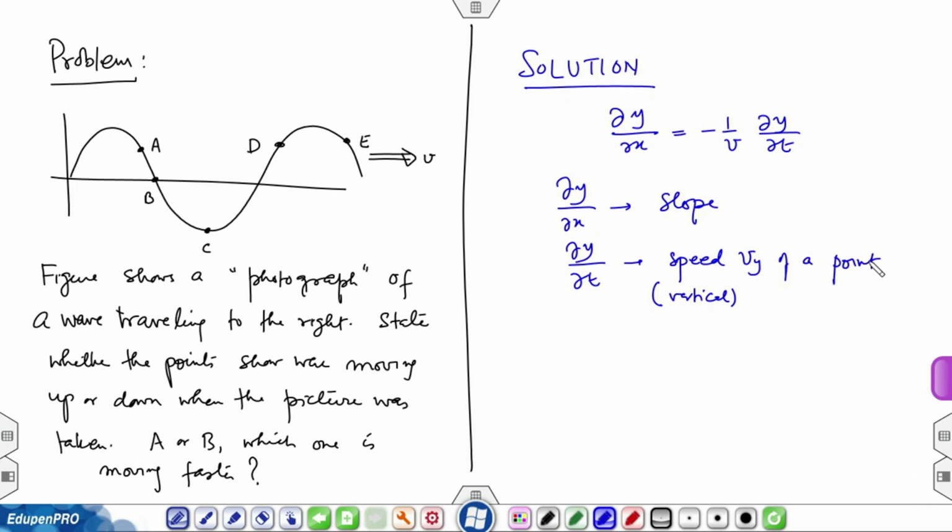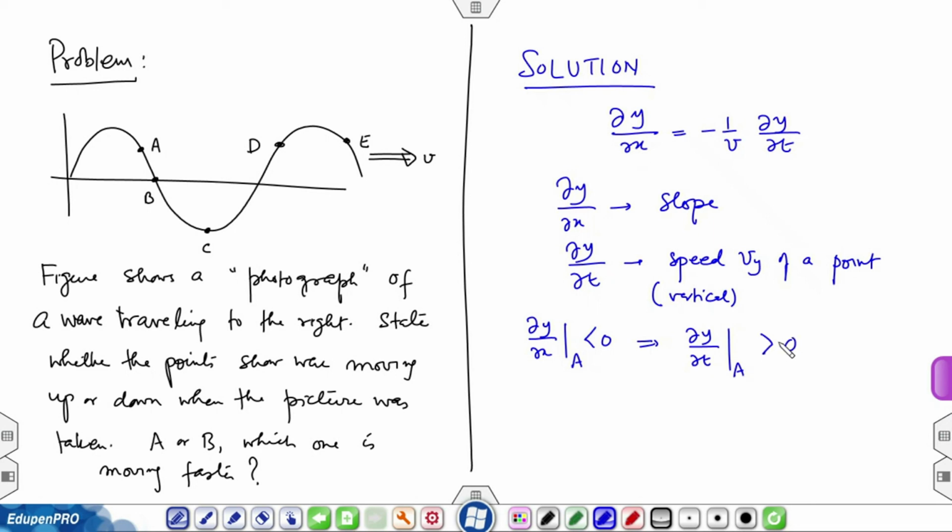Now, if you look at the picture, you see that dy/dx at A is negative, and therefore, dy/dt at A is going to be positive.